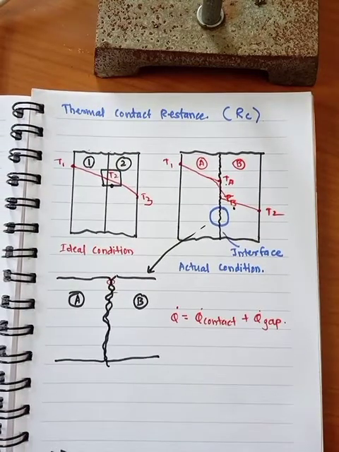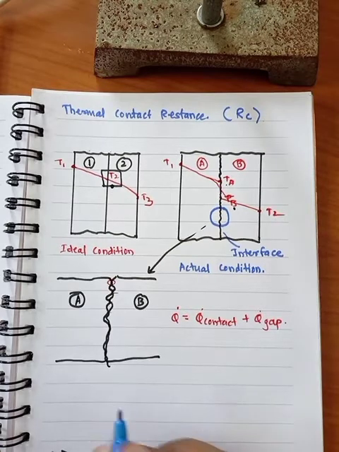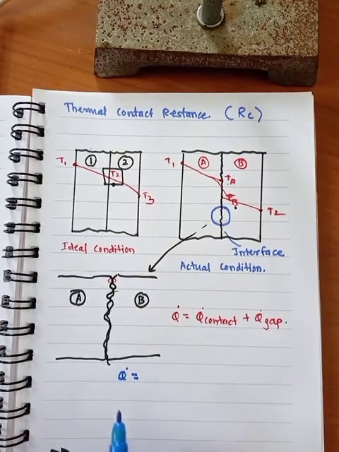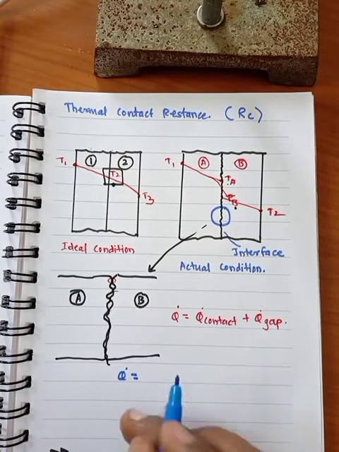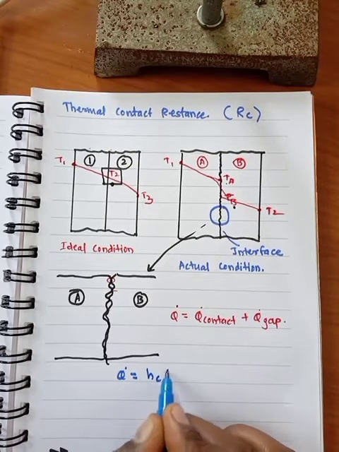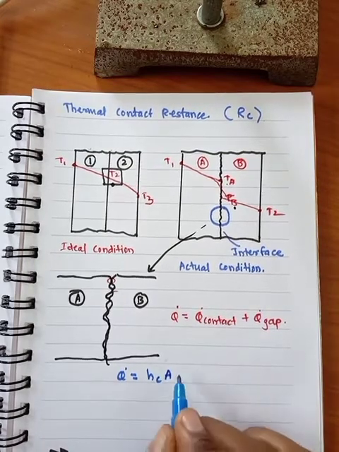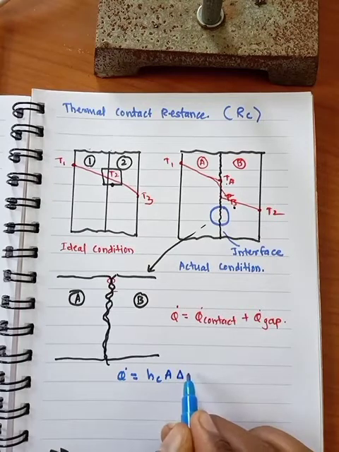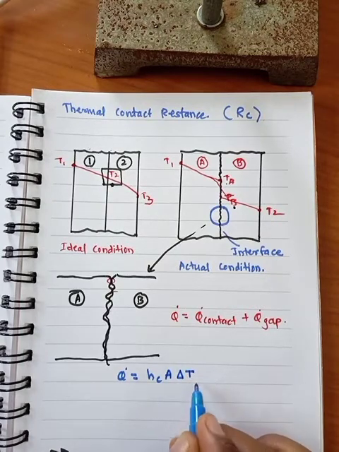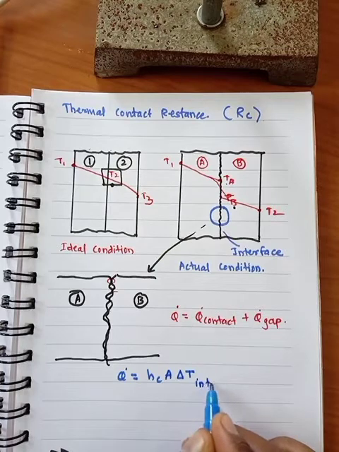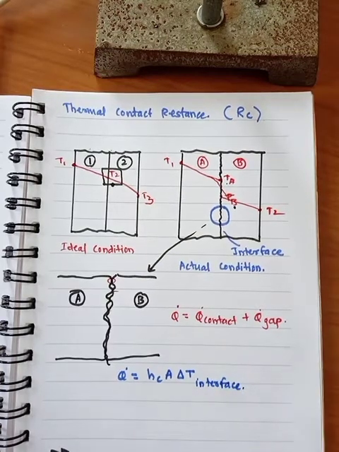Okay, now this heat transfer is found by using a manner analogous to Newton's law of cooling. Heat transfer is equal to Hc times the cross sectional area times the temperature difference available at the interface. Okay, so what is Hc here?